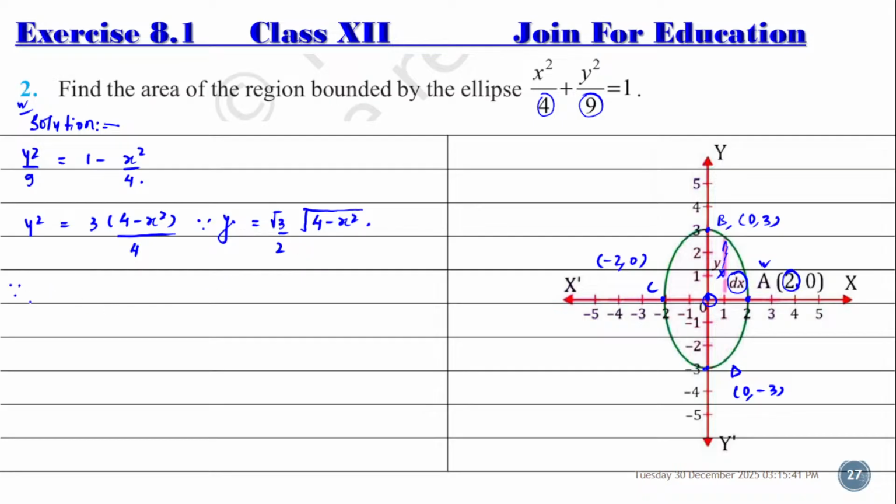Therefore, area of OABO equal to integral of y into dx, and this one changes from what, 0 to 2. So we write down here 0 to 2.